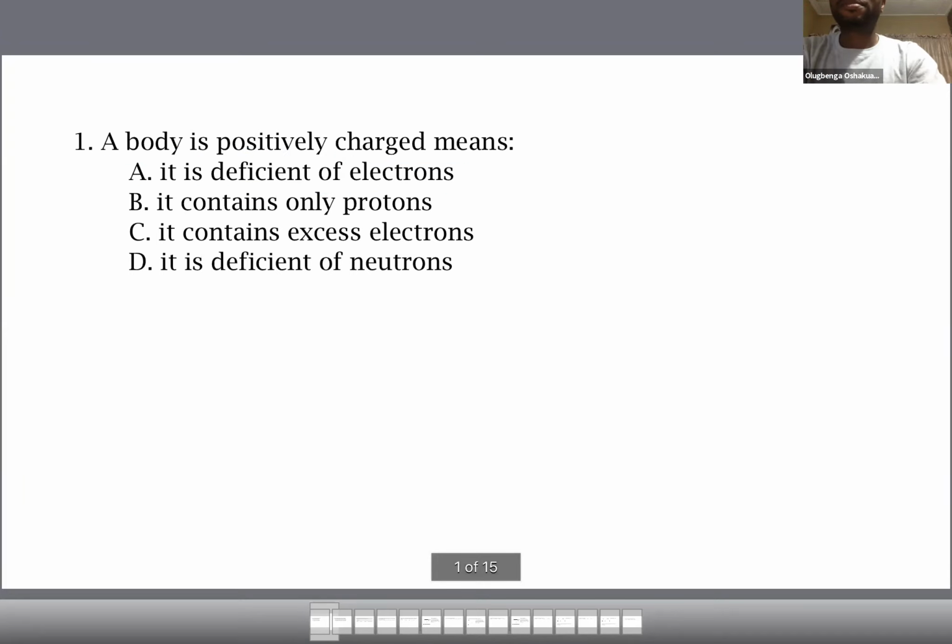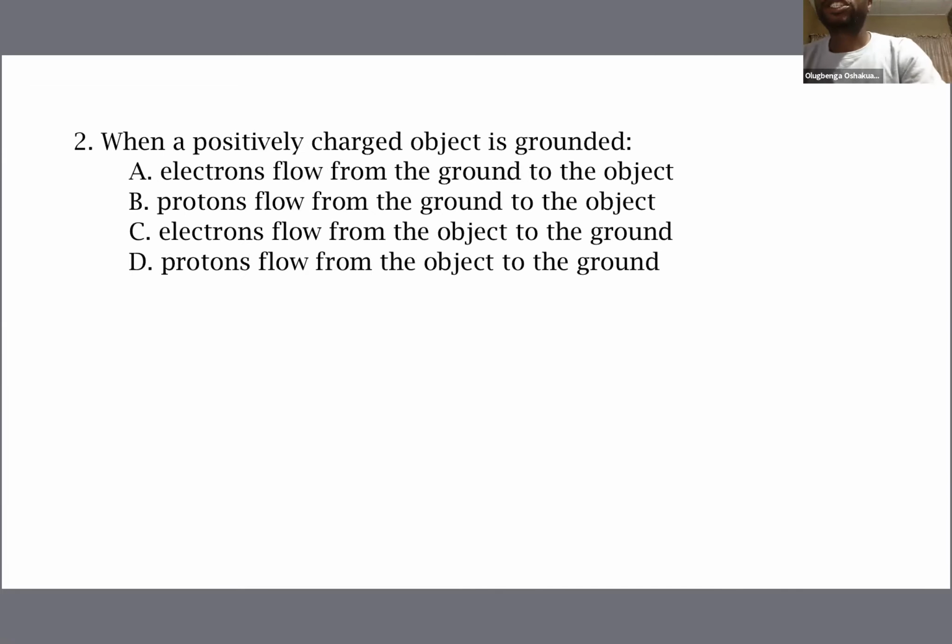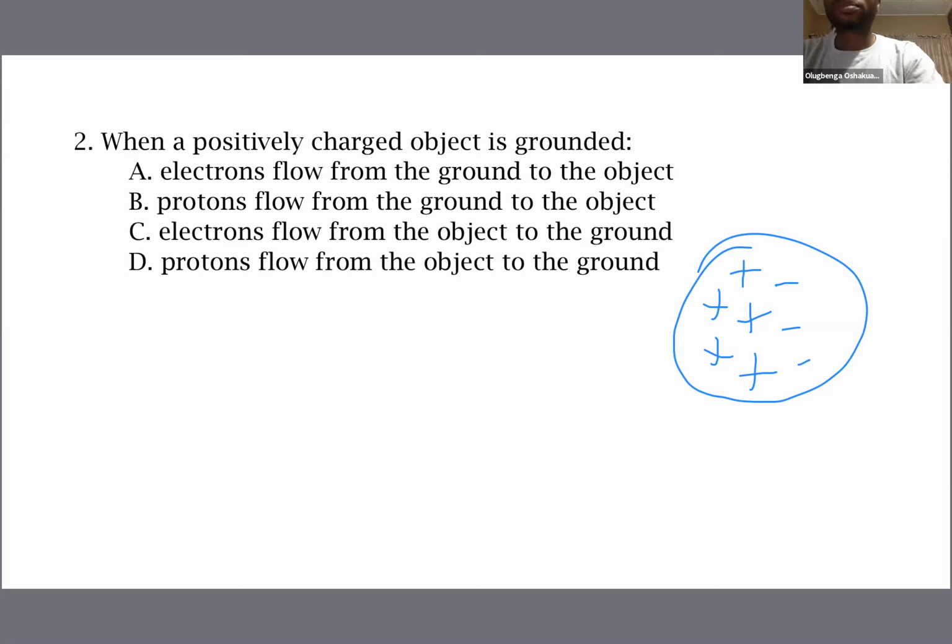Let's move on. When a positively charged object is grounded, let's imagine the body. When we say it is positively charged, that means it has more of positive charges than negative charges.